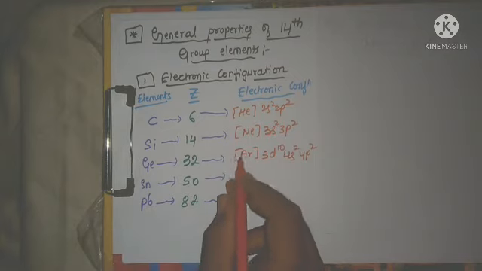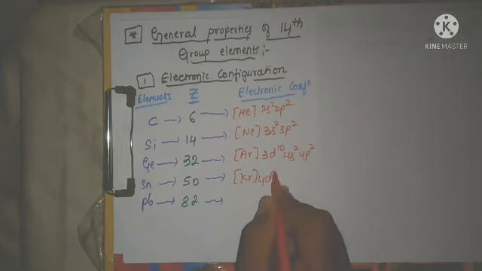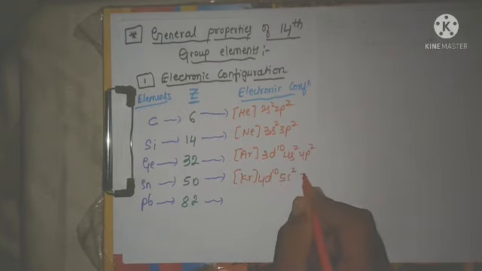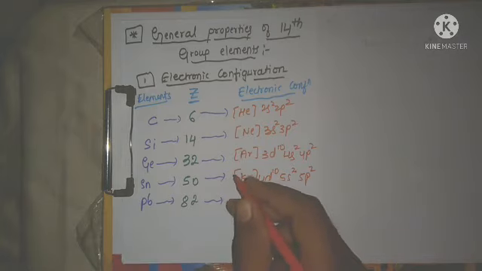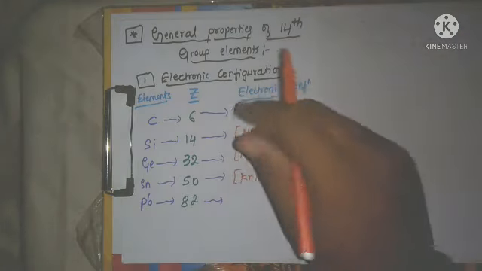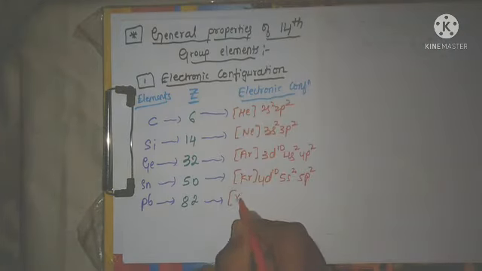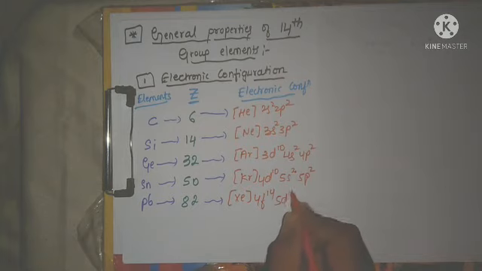Tin is krypton 4d10 5s2 5p2. Lead belongs to the sixth period, therefore f block elements also enter, so the configuration is xenon 4f14 5d10 6s2 6p2.